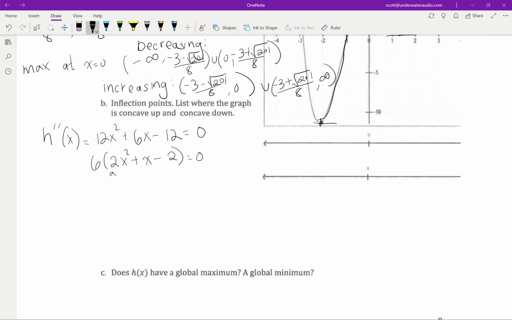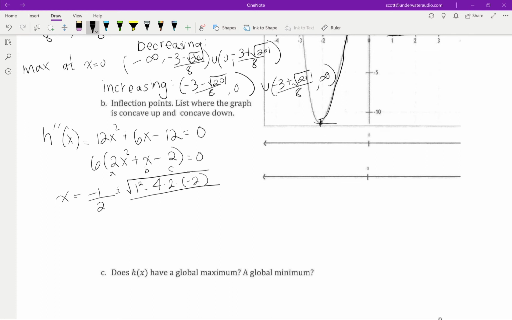So I've got A, B, and C. So B is 1. So x equals -b over 2 times A plus or minus the square root of b squared, which is 1, minus 4 times A, which is 2, times C, which is -2, all over 2 times A.